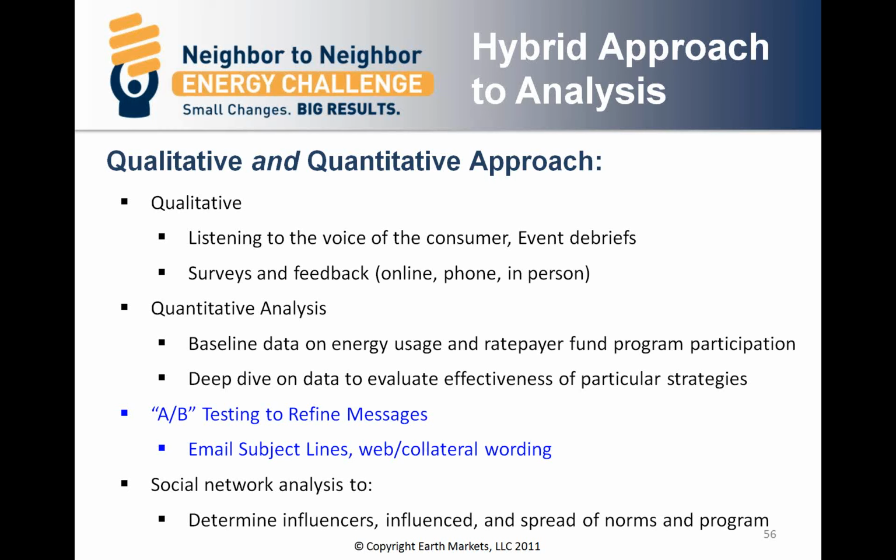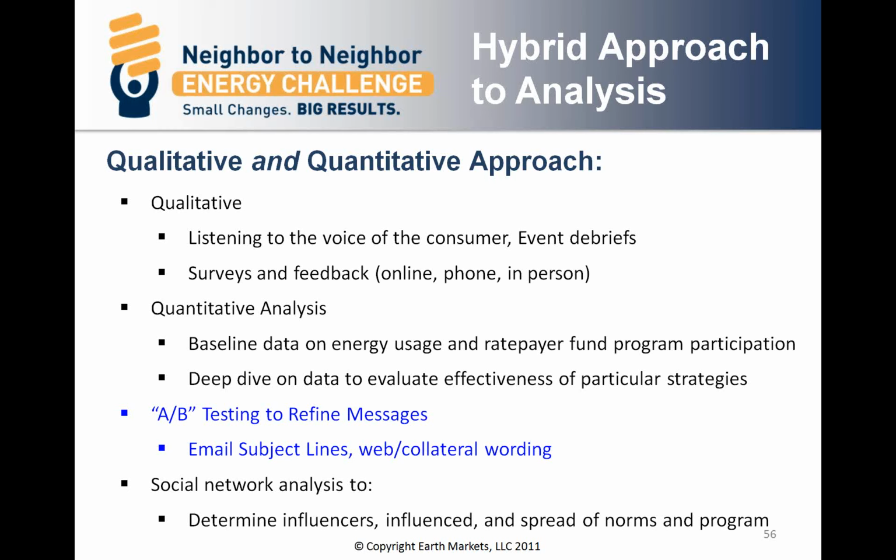And we also have a number of quantitative tools at our disposal, including baseline data on energy usage, which we get from our utility partner, which is extremely helpful. And then we can also do a deep dive on our own data, because we have all the data at our disposal on where people are falling off in the process, whether it's signing up for the assessment, completing the assessment, the upgrade bid process, or completing.